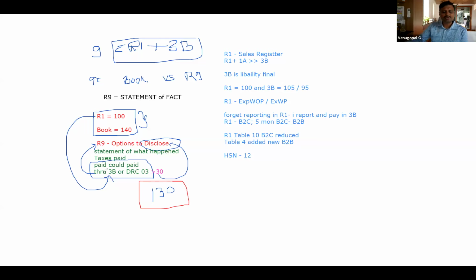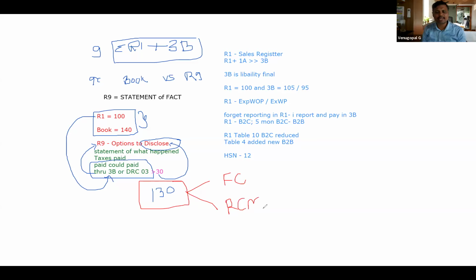Now if you see, GSTR 1 has a full breakup of the 100, while the 30 additionally paid has no breakup. In GSTR 9, you are going to explain to the government what this 130 belongs to. Is it a forward charge liability or a reverse charge liability?